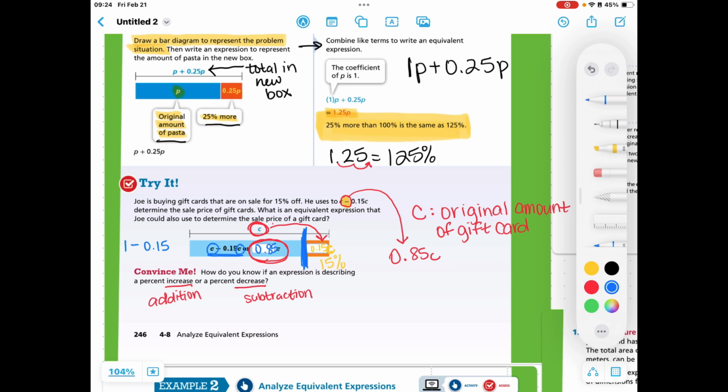Now, say if it was an increase, say if we wanted to add it, like the problem up above, this would be an increase as well because we added it and it's greater than 1. 1.25 is bigger than 1. So that's something to add to, is that if it's less than 1, then you're going to be dealing with a decrease. If it's greater than 1, it's going to be an increase.